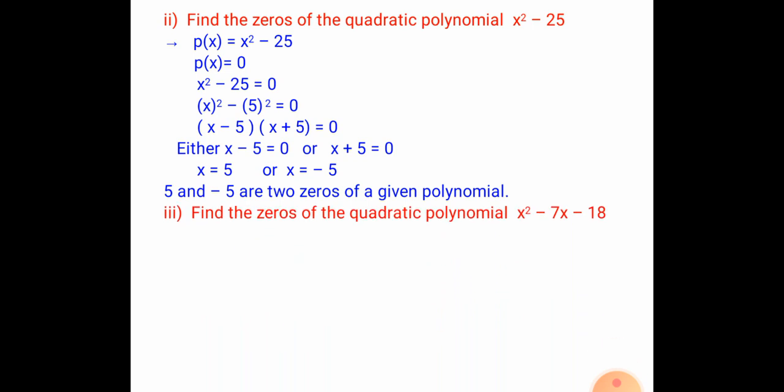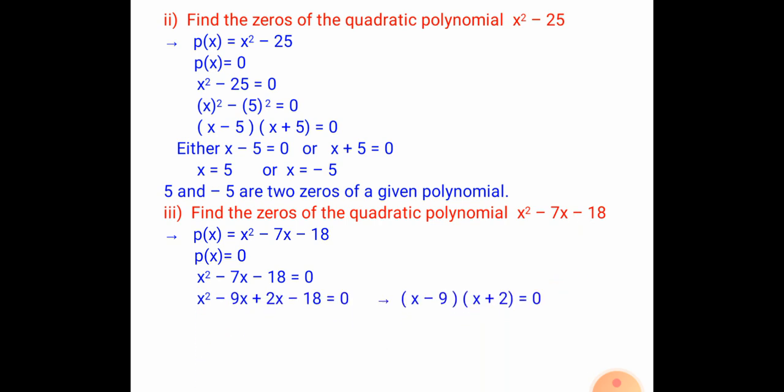In the third example, the given polynomial is in terms of 3 terms. Now as soon as you get 3 terms, you are advised to use splitting the middle term. Correct? Here, once again the procedure is the same: you have to copy that polynomial and say that it is equal to 0, and then split the middle term, which is 7x, according to the factors of minus 18.